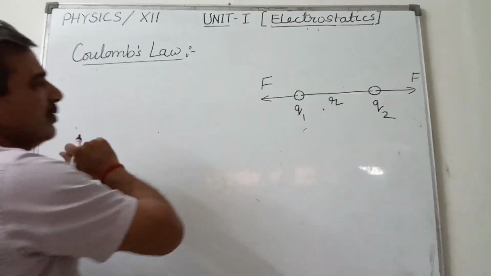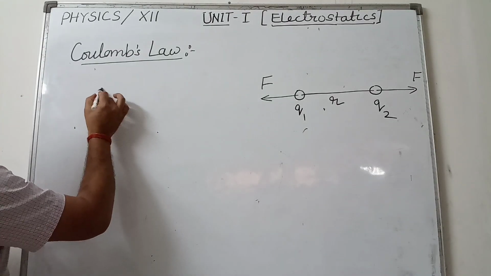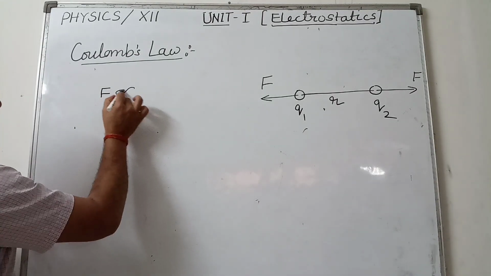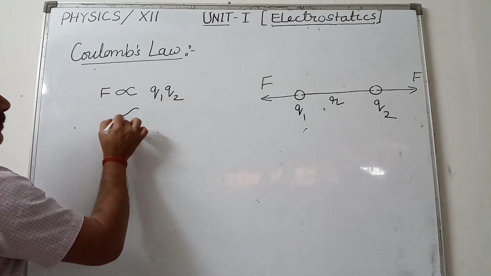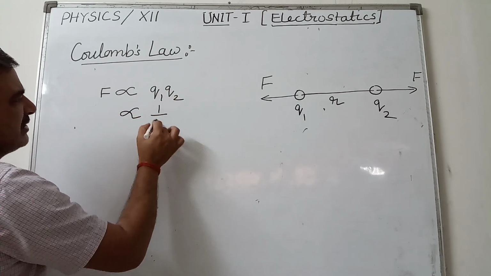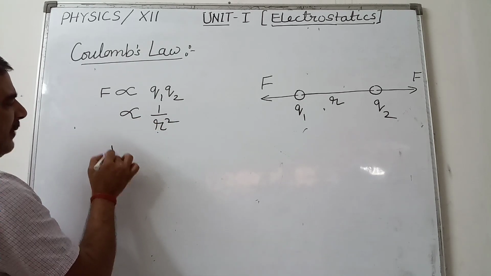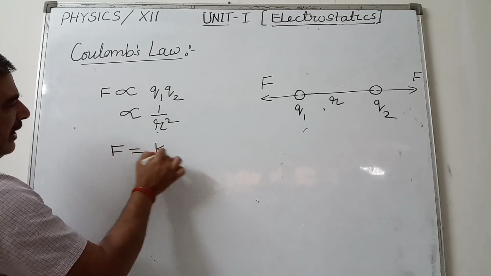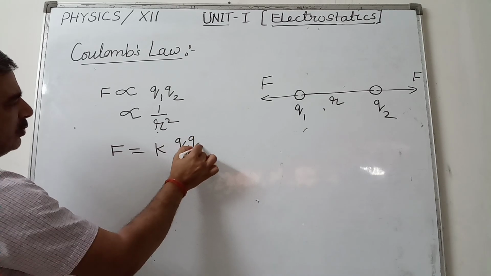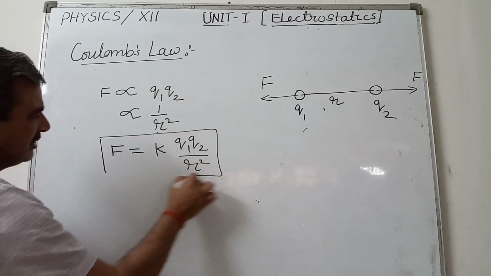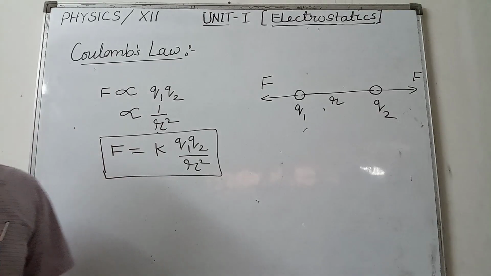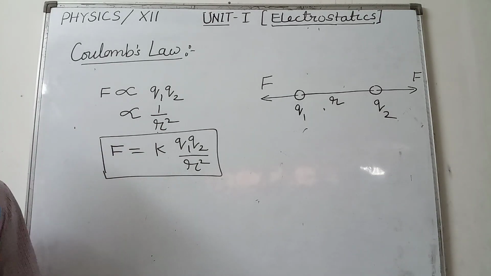and according to Coulomb's law, this force is directly proportional to the product of the charges and inversely proportional to the square of the distance between them. So if you combine these two, you have F equals K Q1 Q2 over r square. Here K is the proportionality constant, which we call the electrostatic force constant.